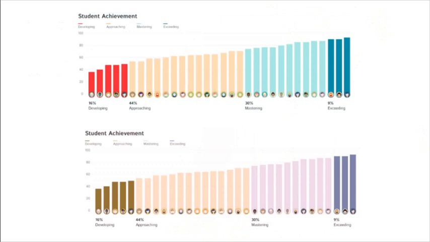Color implies a break between approaching and mastering, right here. Our eye is drawn to the extremes because of the full intensity of the color. The message is that developing and exceeding are what we should be paying attention to, right? This is student achievement.